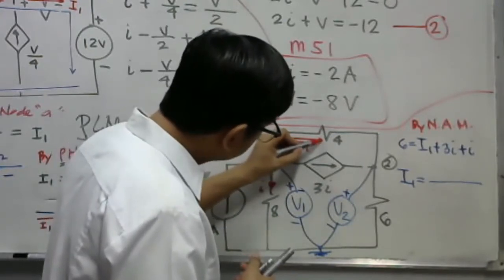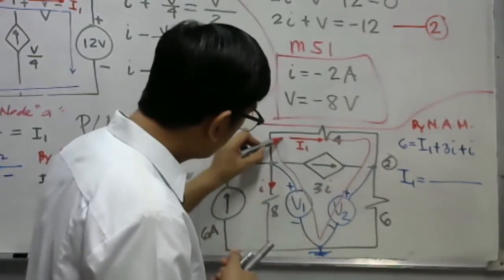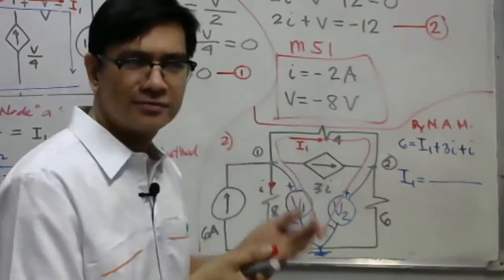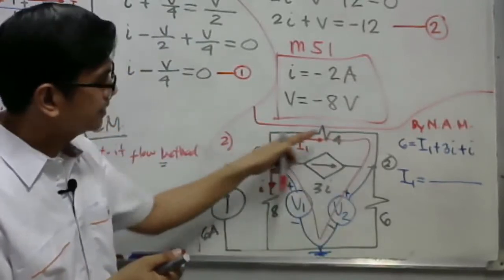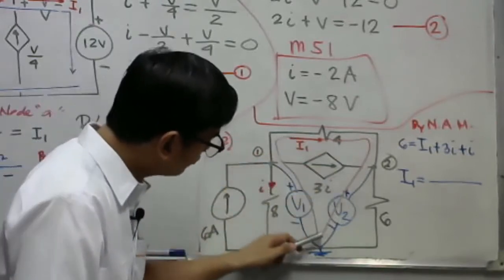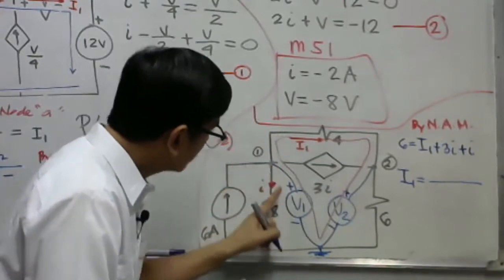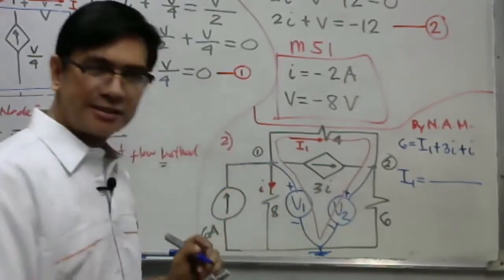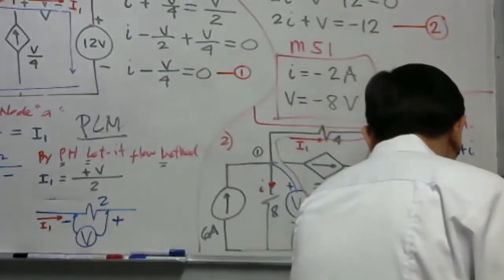I will consider this circuit. Let I1 flow here. If we let I sub 1 flow here, it leaves on the positive terminal of B sub 1, so put here positive B sub 1.